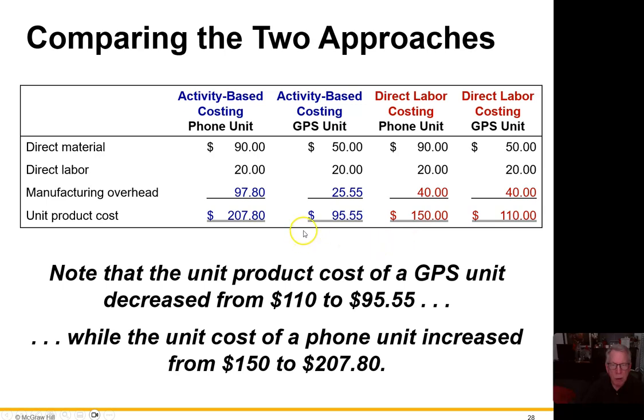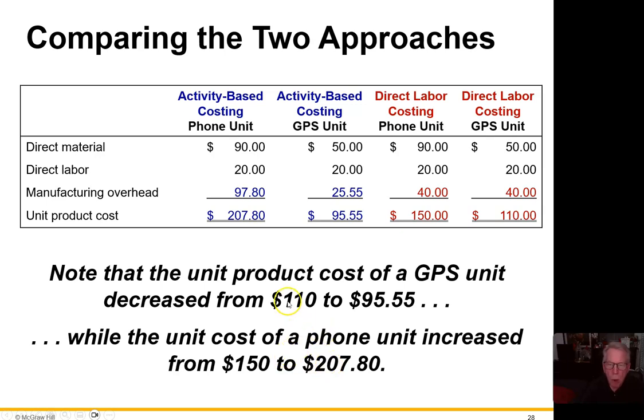Now that varies dramatically with the calculation we just made using activity-based costing. Here, the unit cost, I should say, is $207.80 compared with $150. That's a $50 difference. And the GPS unit is about $15 less expensive.